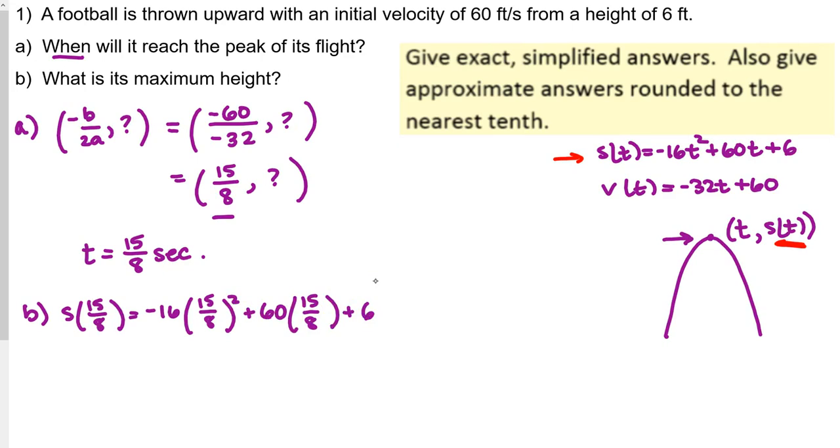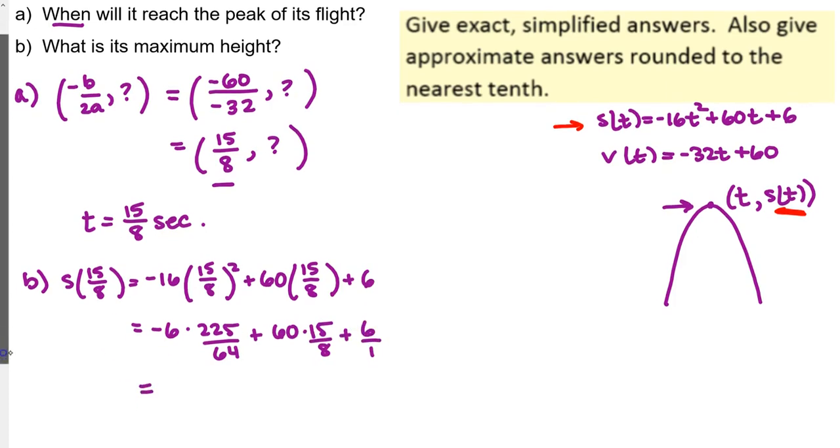So if you're working this out by hand, you're going to square the 15 and the 8, and then you can reduce.